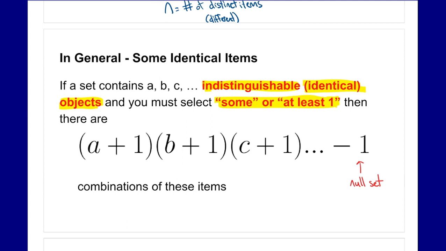A, B, and C represent the number of objects. So the number of item A, the first item. B is looking at the number of item B. Right, so how many of the second indistinguishable object do we have? And then the same with C.